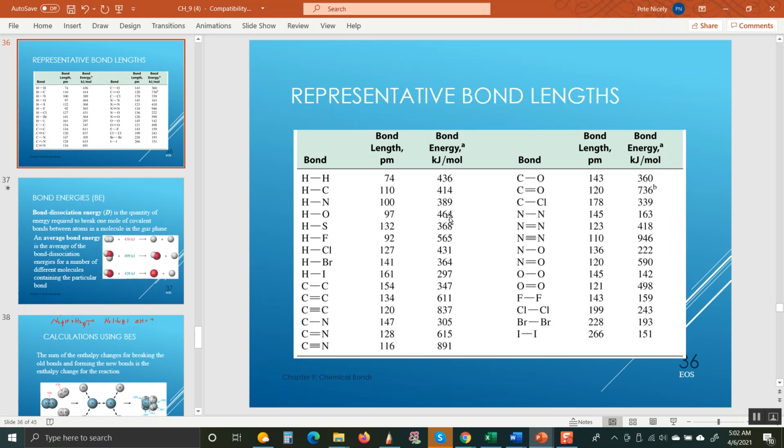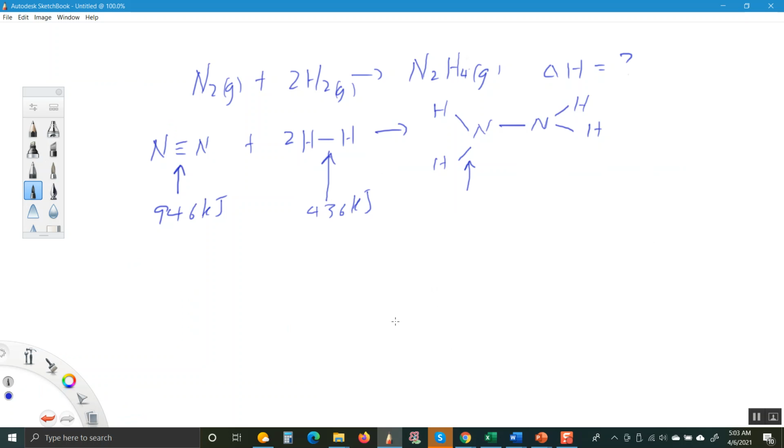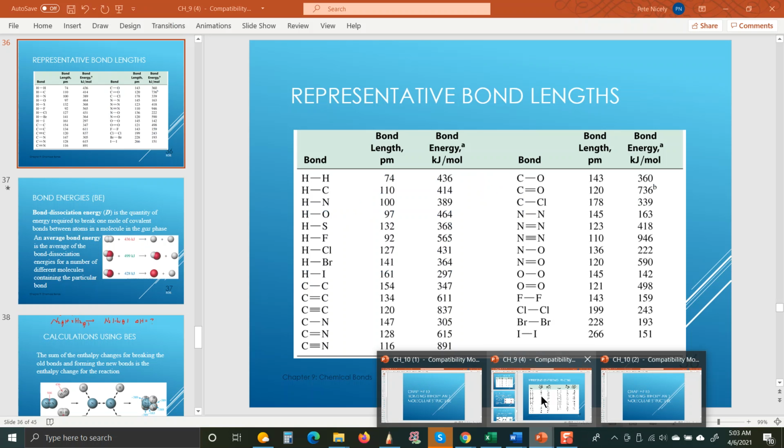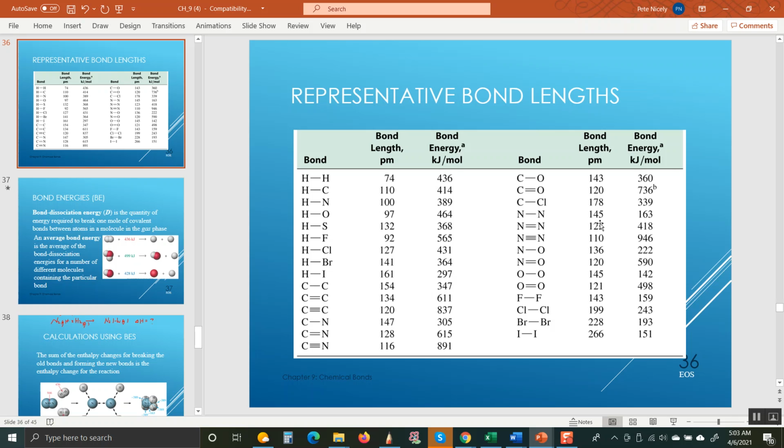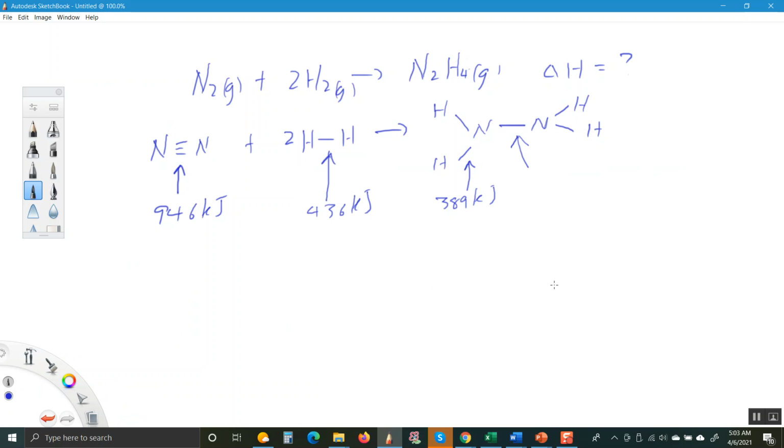For nitrogen to hydrogen, that's 389 kilojoules. So this will be 389 kilojoules. And for the nitrogen to nitrogen single bond, going back to the table again, nitrogen to nitrogen single bond, that is 163 kilojoules. So this is going to be 163 kilojoules, all right?